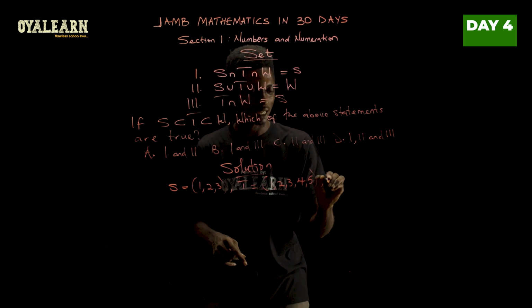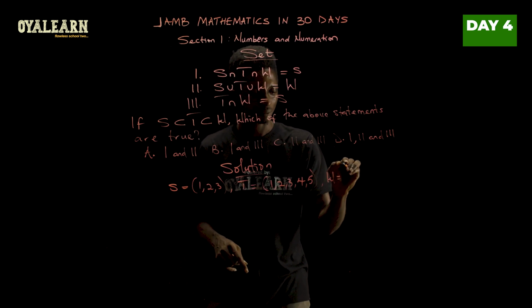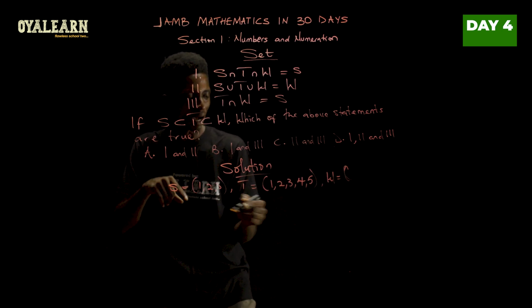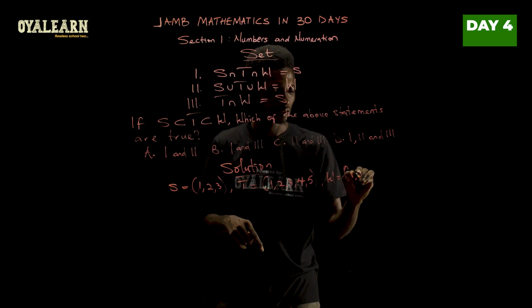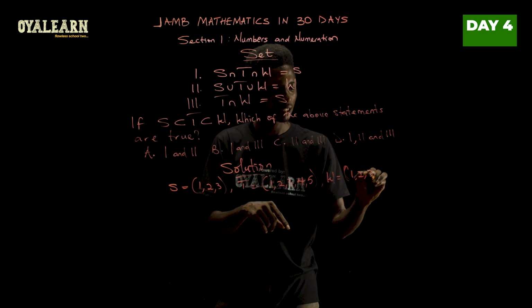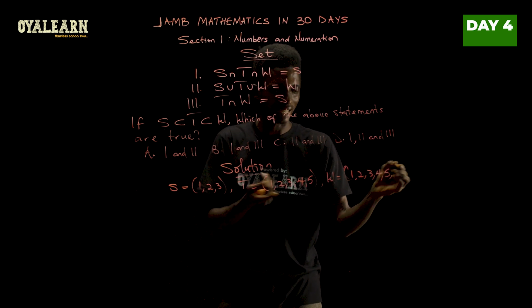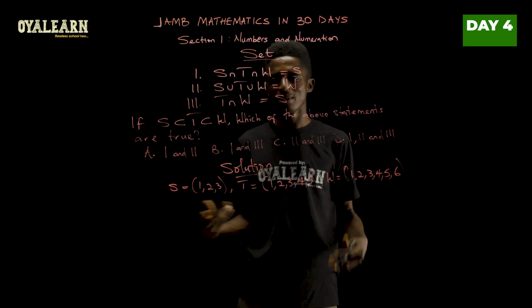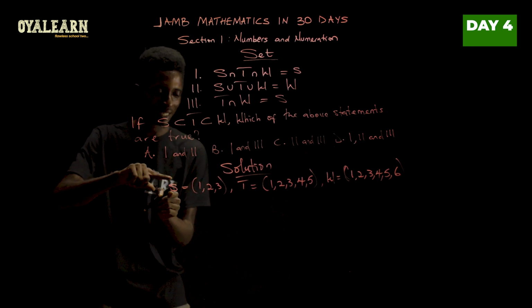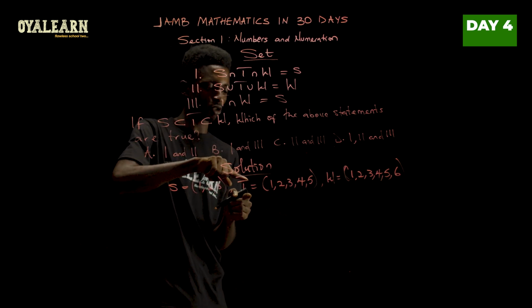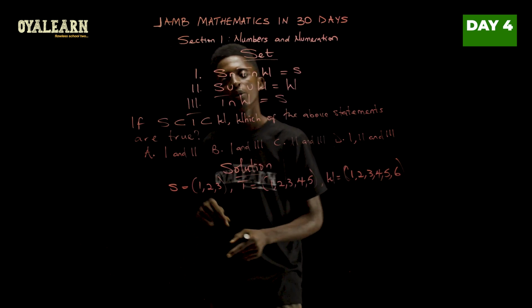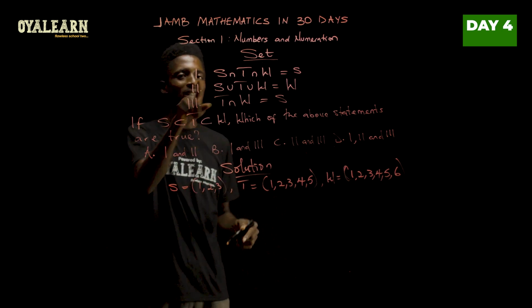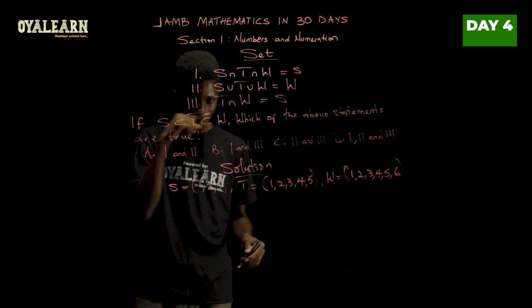Then we can say W would be everything you have in T, which is 1, 2, 3, 4, 5, and then more. So let's just say 6. So this is just what the statement is saying. In this case, you see that S is a subset of T, which is also a subset of W. Now let's test these ones and see whether it is true.